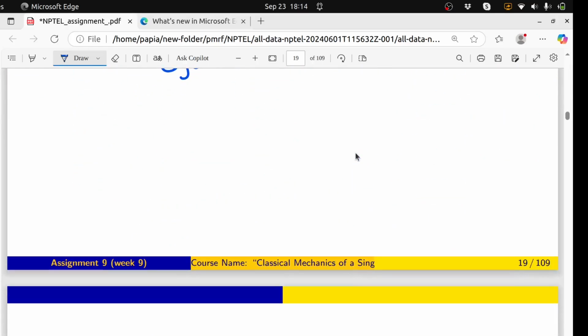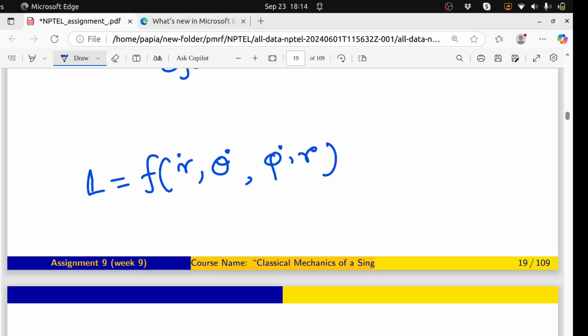Okay, let's say I am talking about L, which is a function of r dot, theta dot, phi dot, r. That's it. So here theta and phi are cyclic coordinates.